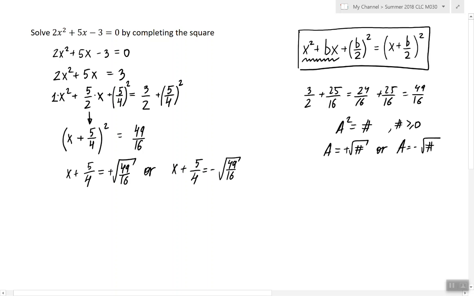One can easily see that the square root of 49 over 16 is just 7 fourths. So we have two linear equations which are easy to solve. We just have to isolate the x by subtracting 5 fourths from both sides.